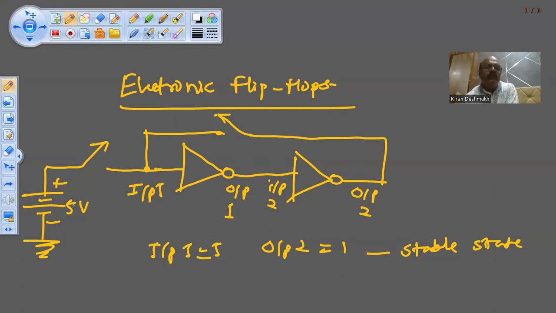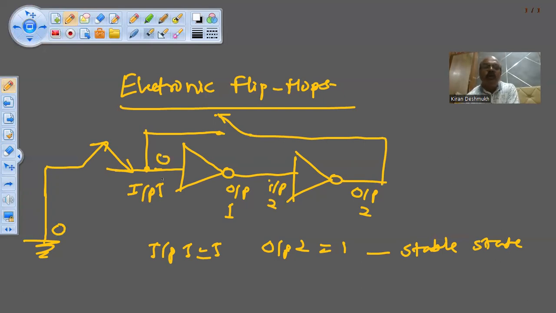Now, instead of connecting the battery, I remove this battery and directly connect this switch to the ground. So now if I connect it here, this ground means 0. So I'm applying 0 input.